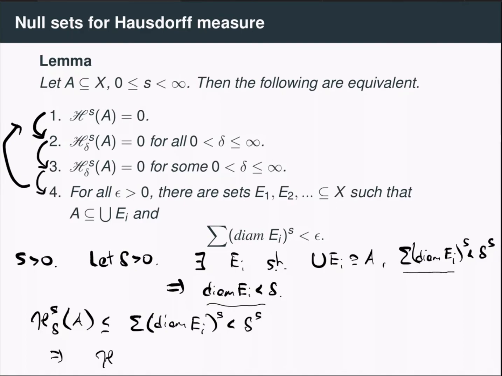Taking the limit as delta goes to 0, the H^s measure of A is equal to the limit as delta goes to 0 of the H^s_delta measure of A, which is less than or equal to delta^s, and that is equal to 0. And that is the proof that 4 implies 1, which completes the chain of implications.